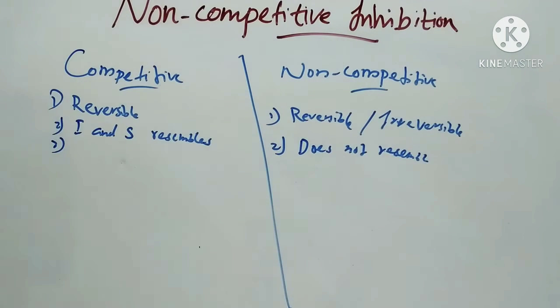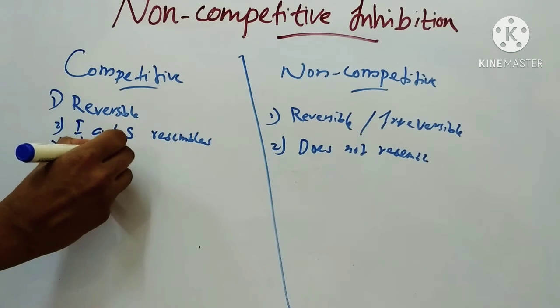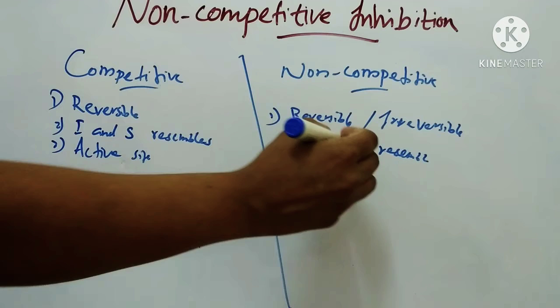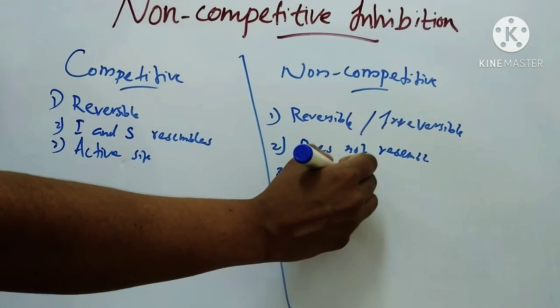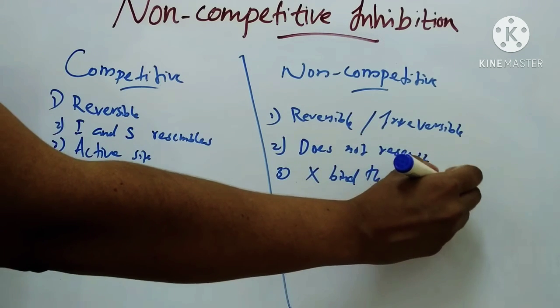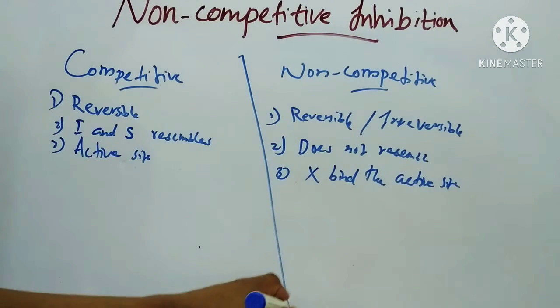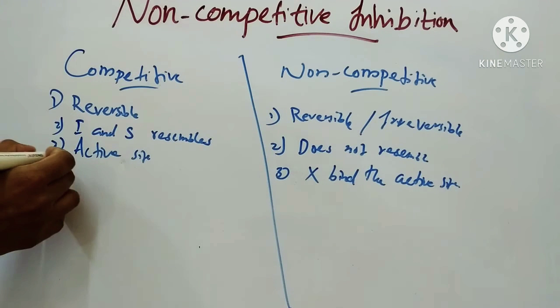The third one: in competitive inhibition the inhibitor binds in the active site. But in non-competitive inhibition, the inhibitor does not bind the active site. In this case, the inhibitor binds to a site other than the active site.